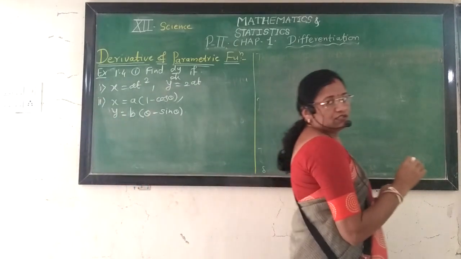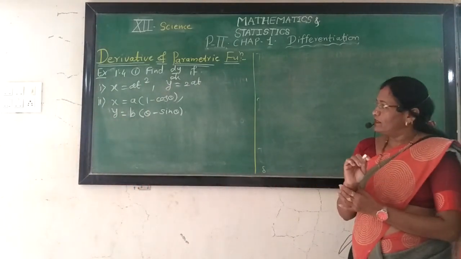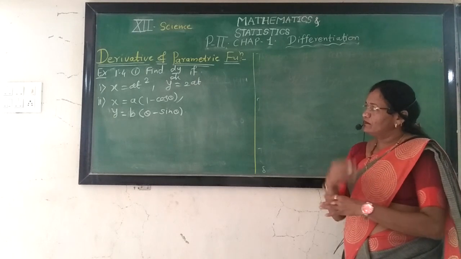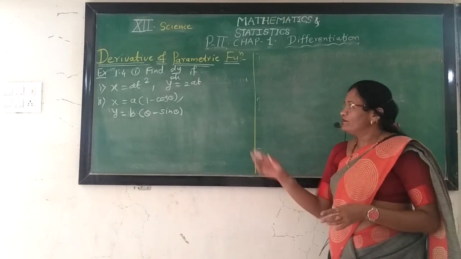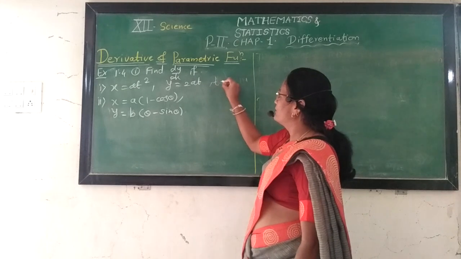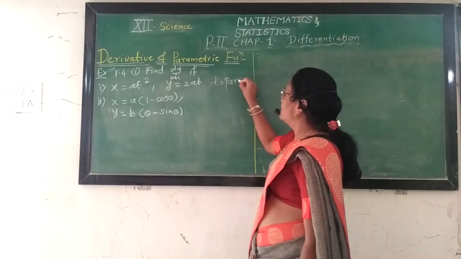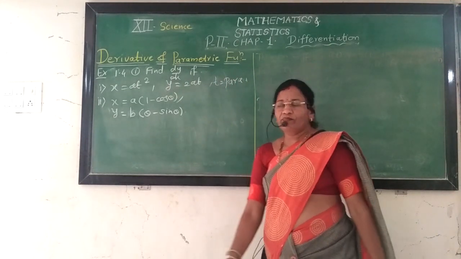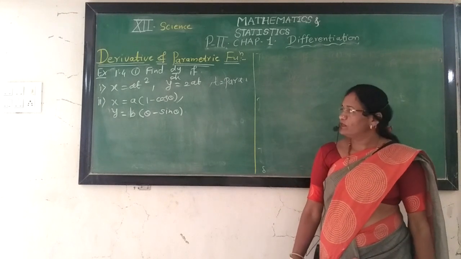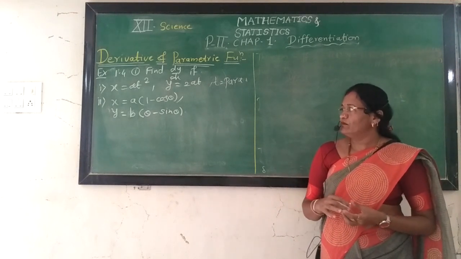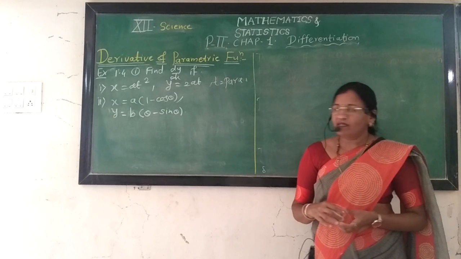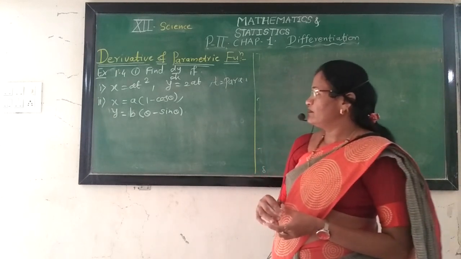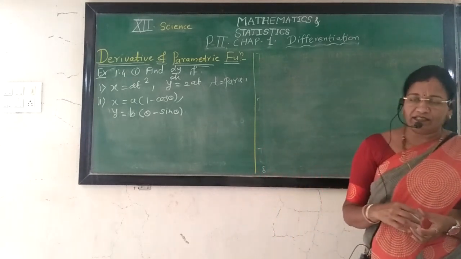Now for the first function, x and y can be expressed in a third variable, that is t. So we take t as the parameter, and for this we take the differentiation of x and y with respect to t. And for the second question, we take theta as the parameter, because x and y are both expressed in terms of theta.